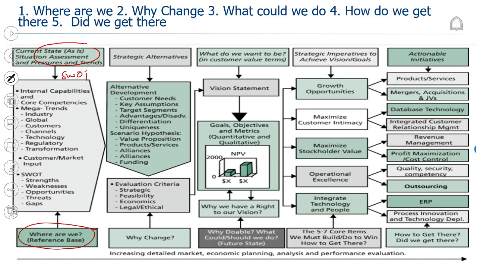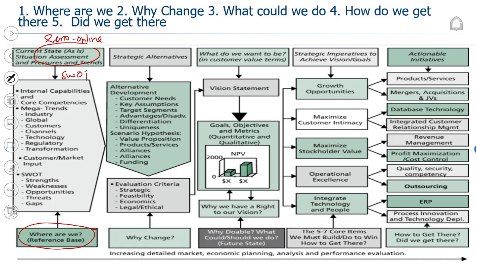So for example, as is, we don't have any online presence, okay? Zero online. We are not selling online at all. We only have shops where customers can walk into the shops. We don't sell anything. Okay.